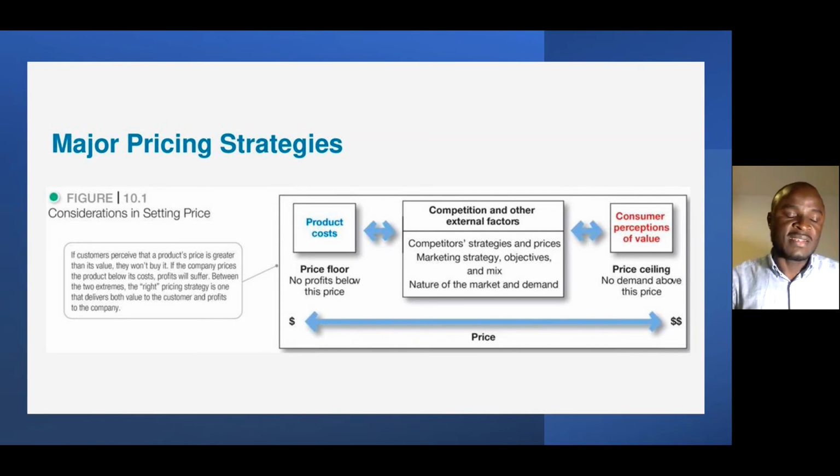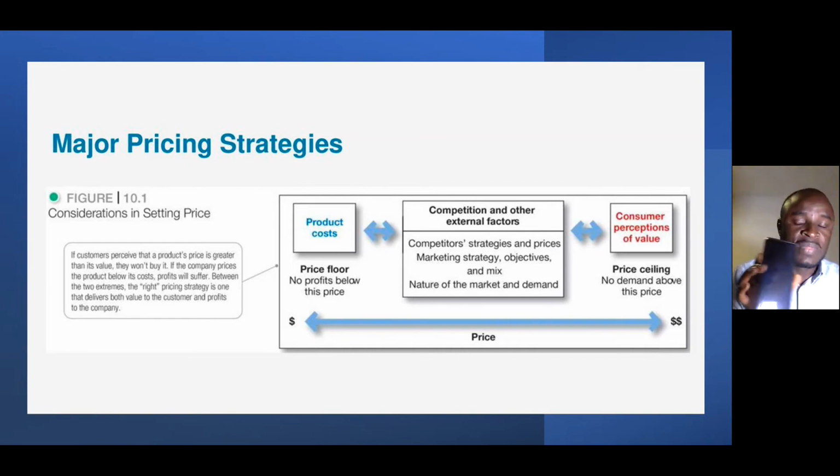So if after evaluating the production of this cell phone it cost me 25,000 pesos, then I can't sell the cell phone below 25,000 pesos. If I sell it at 25,000 pesos, I invested the money to produce it and I'm getting the same amount of money back. But if I sell it at 24,000 pesos, it means I'm losing money.